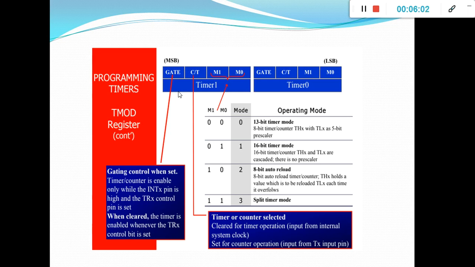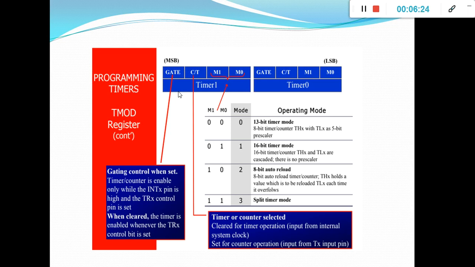TR stands for timer start, T for timer, R for run or start. The instructions you use to start the timer are TR0 and TR1. We call these mnemonics. So the start and stop of the timer are controlled by software through the TR bits, TR0 and TR1. Suppose you are using timer 0, the mnemonic to start timer 0 is TR0. If you want to start timer 1, you use the mnemonic TR1. So TR stands for timer start.